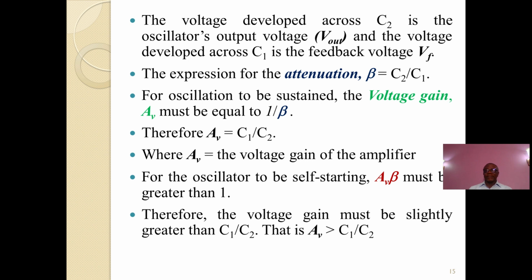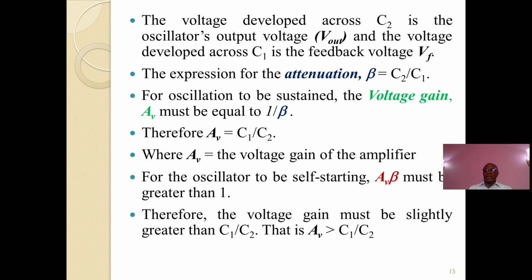At that point, you do some modifications so that the output remains constant. In our previous lecture, we did that plot where at t equal to 0, the output continues to increase when AV is greater than C1 over C2.